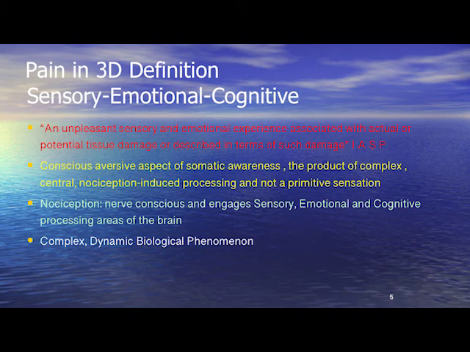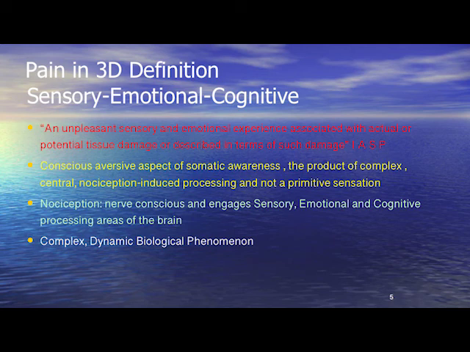The psychiatric definition of pain says it is a conscious aversive aspect of somatic awareness, a product of complex central nociception-induced processing and not a primitive sensation, as we thought in the past.